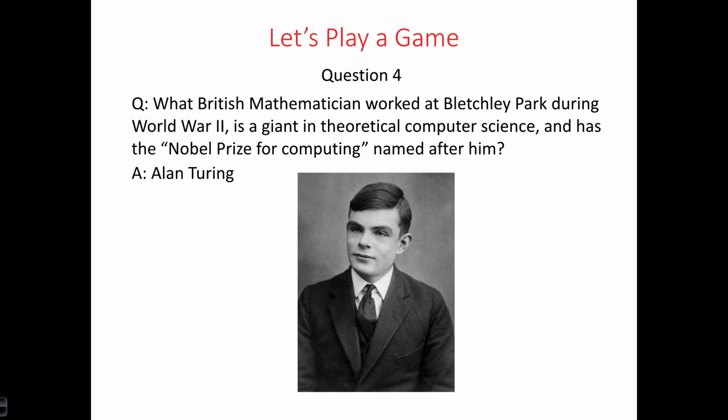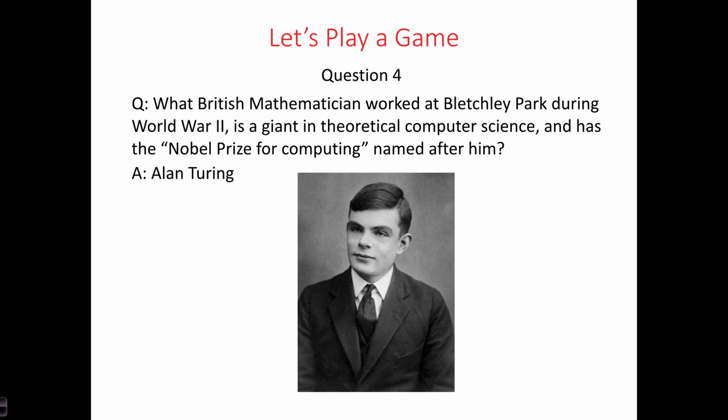Alan Turing was one of the ones leading the breaking of the Enigma code. His computer that he built was part of that effort. He also happened to be homosexual, and in World War II, that was not very well received in Great Britain, or for that matter, all around the world.